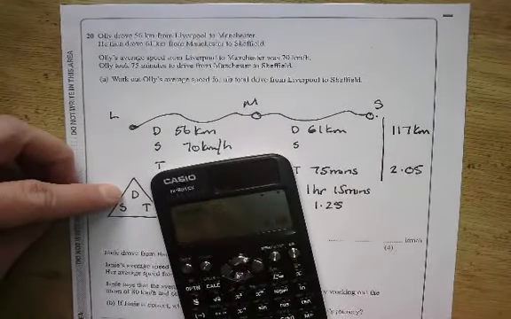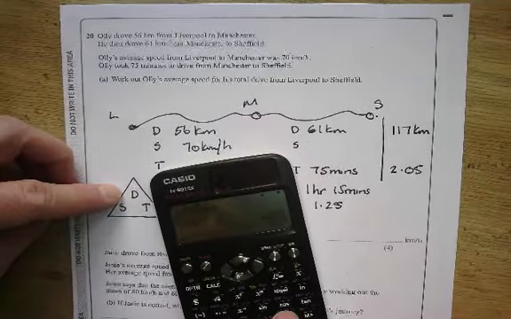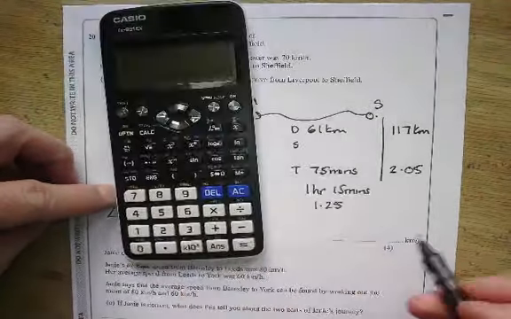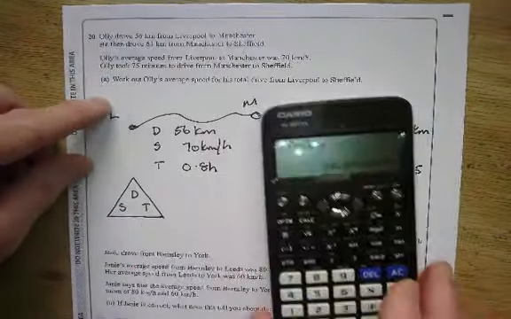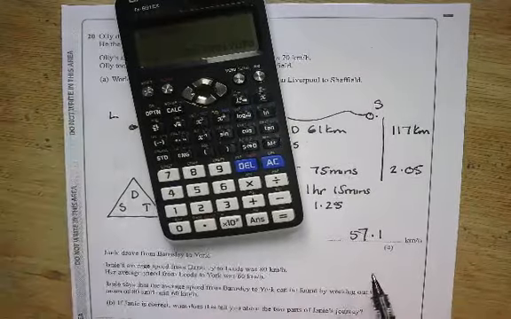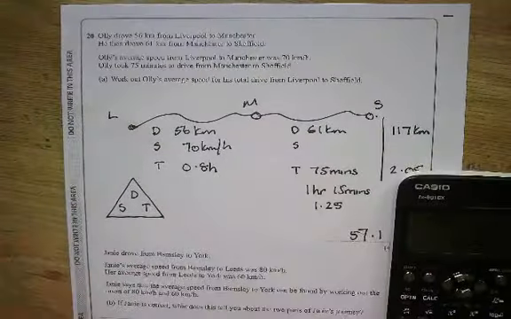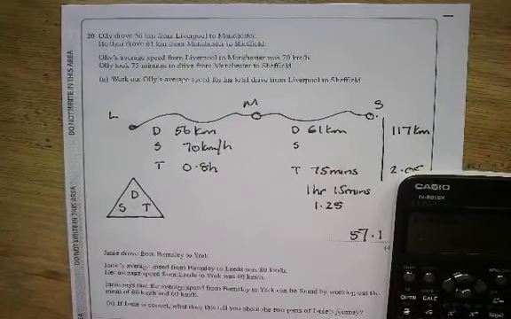So my speed is the distance divided by the time. So it's 117 divided by that answer equals S to D. That's how I do that, and I get 57. Does it want it in any particular form? No, so I'm going to say 57.1 because I'm doing one more degree of accuracy than what they gave here. The second part will be in the next video.